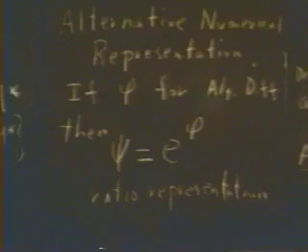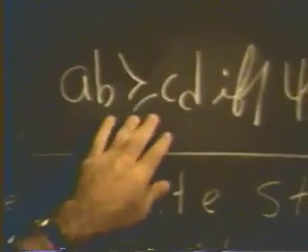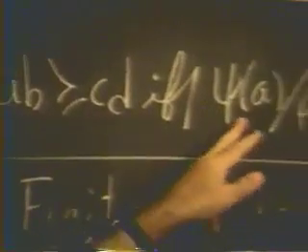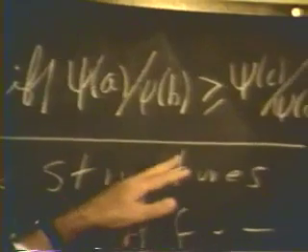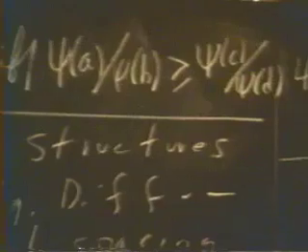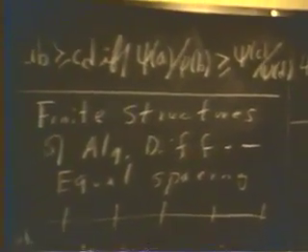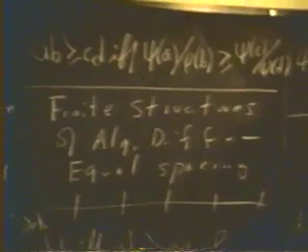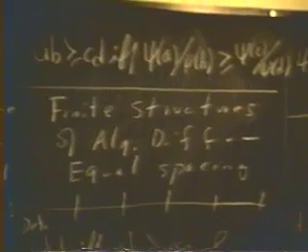And the ratio representation has in this kind of formulation that the interval AB is at least as great as CD if and only if the ratio psi of A to psi of B is equal to or greater than psi of C to psi of D. And of course, phi and psi aren't at all linear transformations of each other.